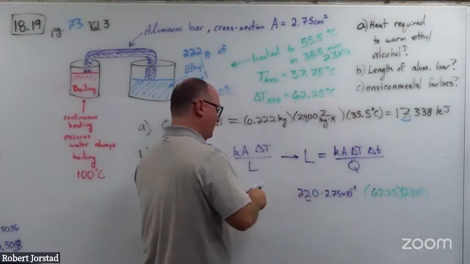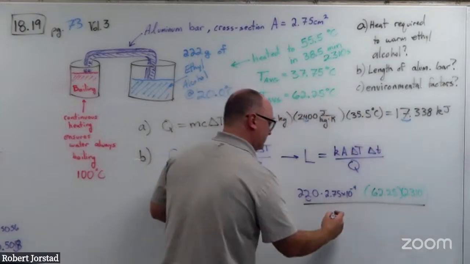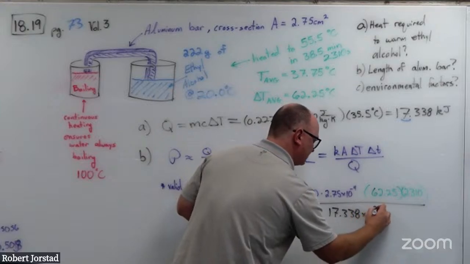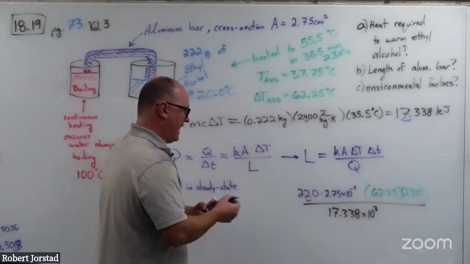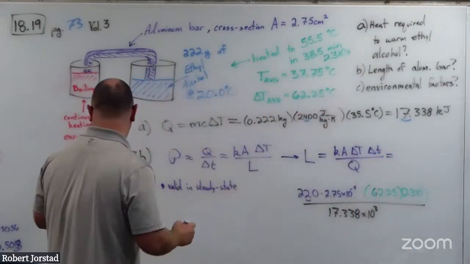And then all over, we want to use units of joules, so 17.338 times 10 to the 3 joules. And out of all that, I think I found, what did I get?